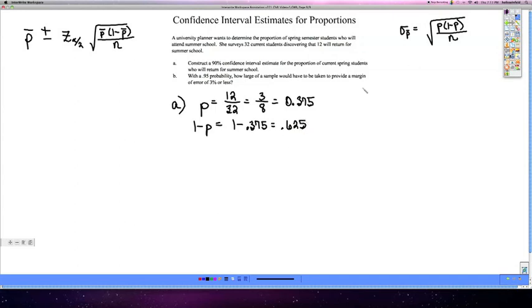So when we calculate our standard error of the proportion, it's going to be the square root of 0.375 times 0.625 divided by n, which is 32.